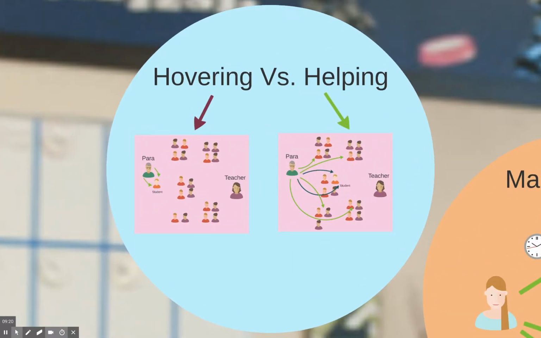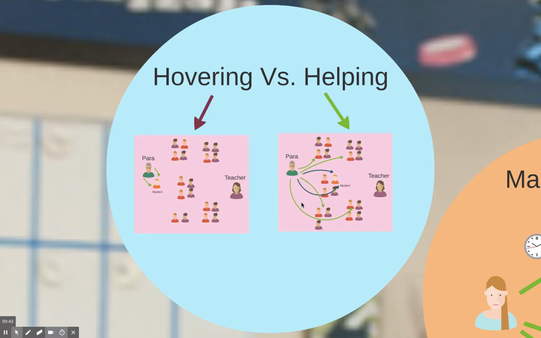So if we really value LRE, least restrictive environment, and let's say we have a kid that's in a classroom that is being included, a para hovering with a kid in the back of the classroom and working only with that kid would be an example of this isn't their least restrictive environment. This isn't representative of what a classroom actually is.